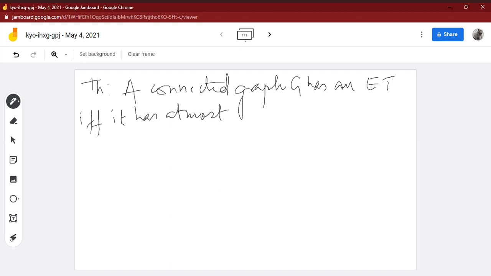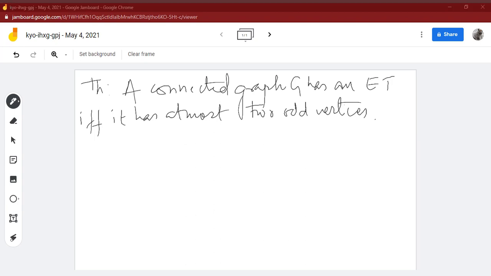At most two odd vertices means either there are no odd vertices or exactly two odd vertices. So this is the statement. So let's prove this one.